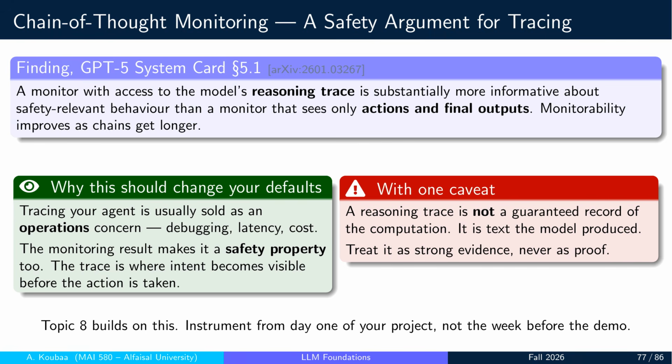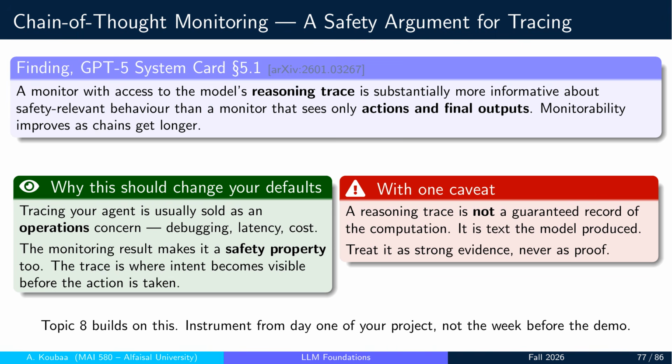Here is a finding that should change your defaults. A monitor with access to the model's reasoning trace is substantially more informative about safety-relevant behavior than a monitor that sees only the actions and the final outputs. And monitorability improves as the chains get longer. Now, why this matters for how you build?